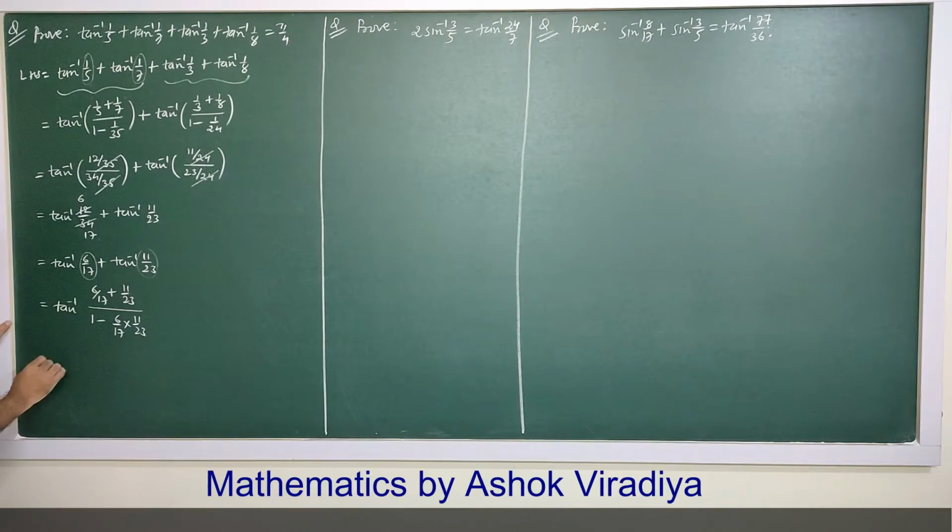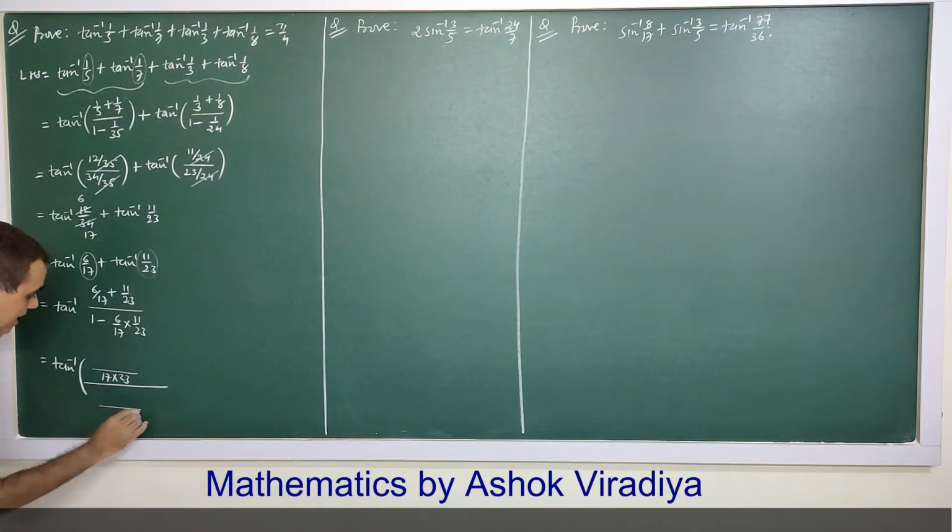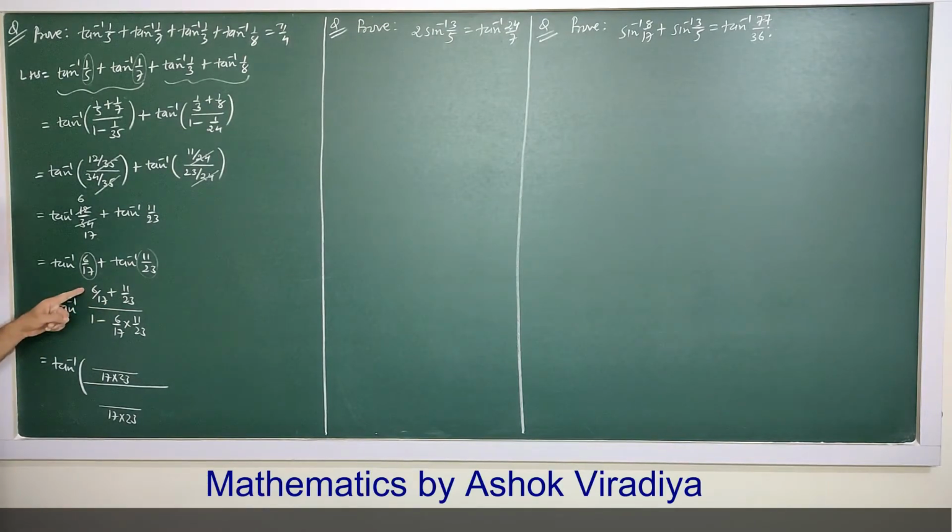Now taking the LCM, which is 17 into 23, in the denominator also. 23 into 6 is 138, plus 17 into 11 is 187.